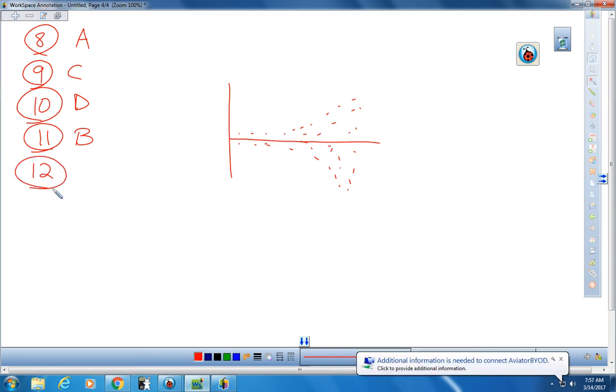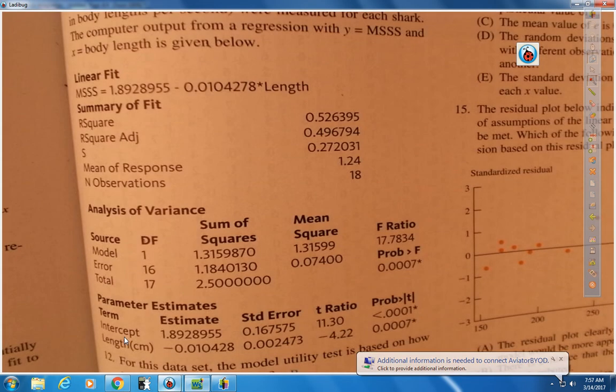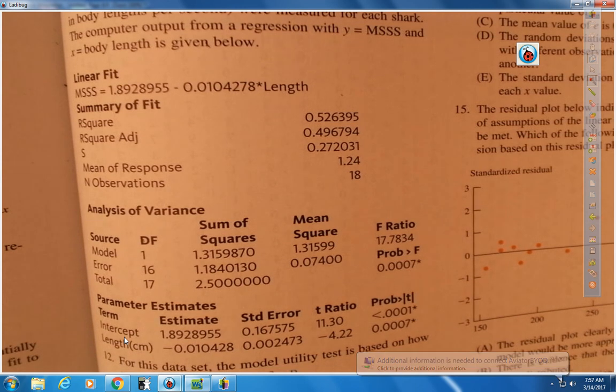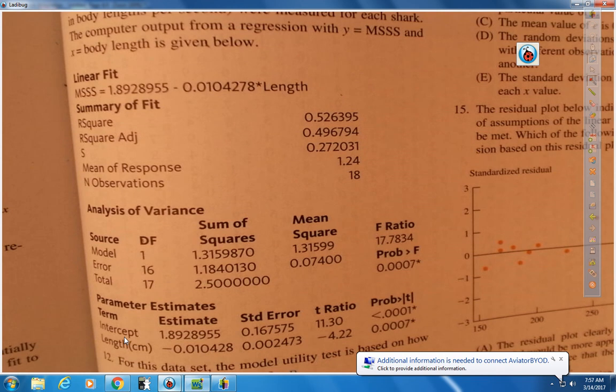Number 12. Okay, so 12 and 13 both use this massive Minitab output. Okay, so let's look at that output real quick. Notice that there are some things in some different places than we're used to.